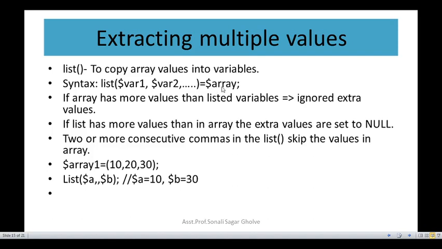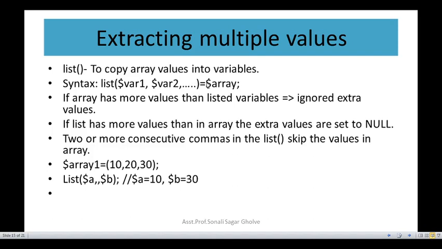This is your array, $array, and this is your list. If the array has more values than the variables, then the last value is ignored in the list. And if the list has more variables than array elements, then the extra variable is set to null.